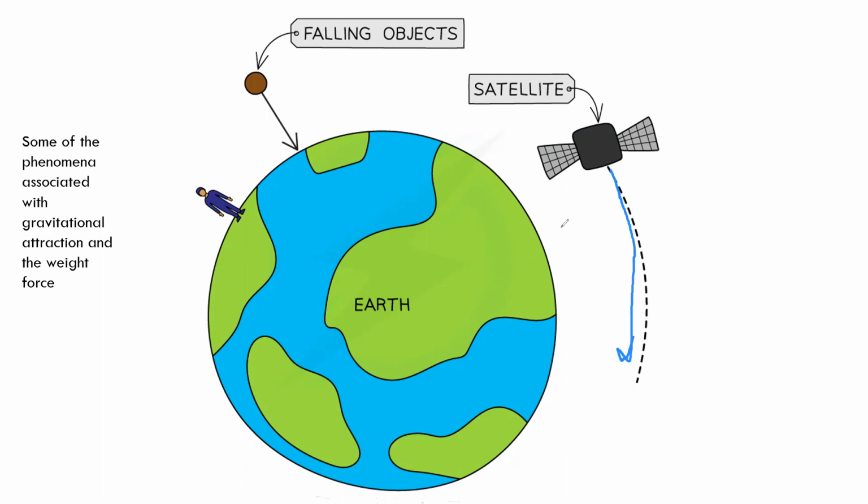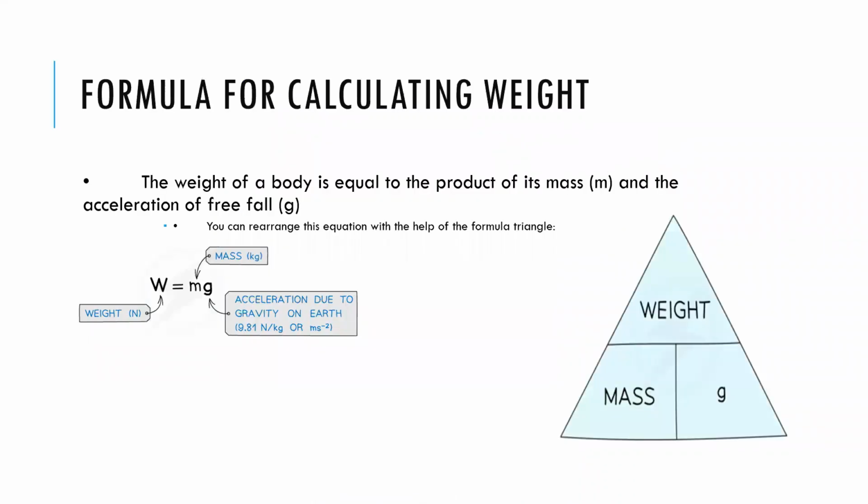There is another type of force, the centripetal force, which is also responsible for this, along with the gravitational force. For centripetal force, we'll go through that in further topics. But for now, satellites are kept in orbit due to none other than the weight, which is the force of gravity.